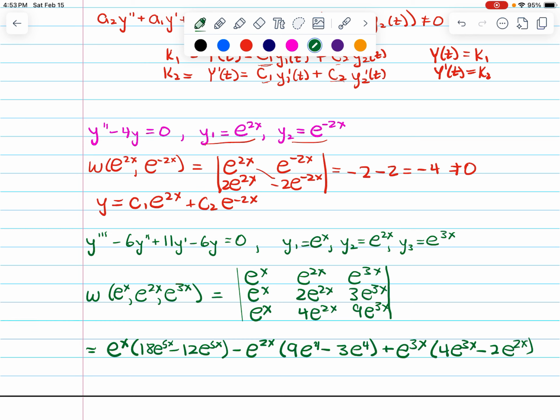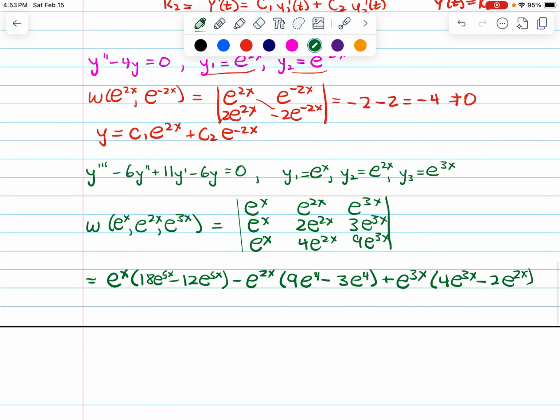Okay, so let's see what I've got now here. I've got 6e to the 6x minus, let's see here, this is going to be 9 minus 3. That's going to be 6. Oh, this is an x here. I left off the x.